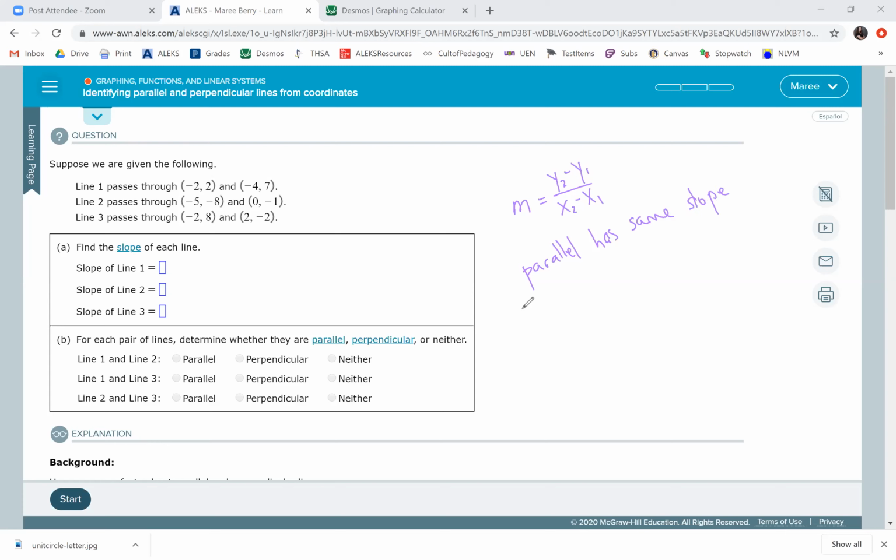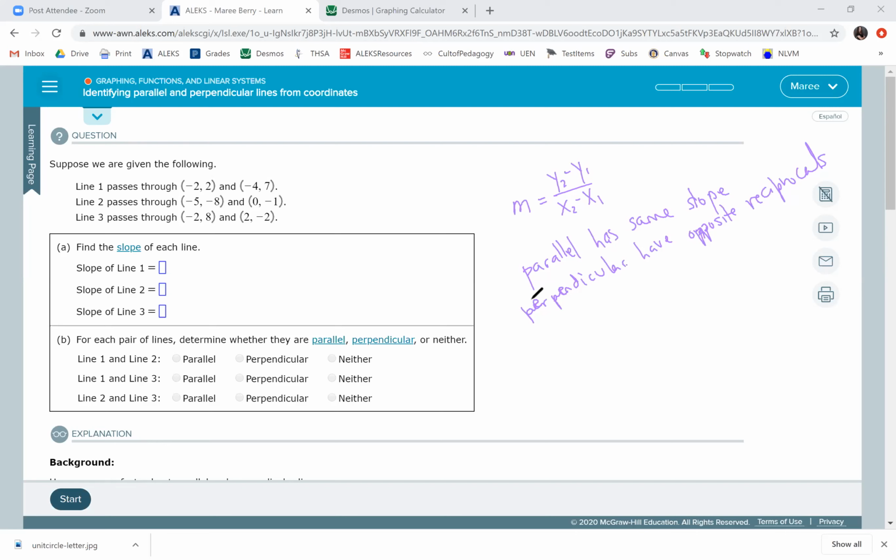And perpendicular lines have opposite reciprocals. So if it's positive, then the perpendicular line will be negative. And if one is 1/2, then the perpendicular line will be negative 2 over 1.